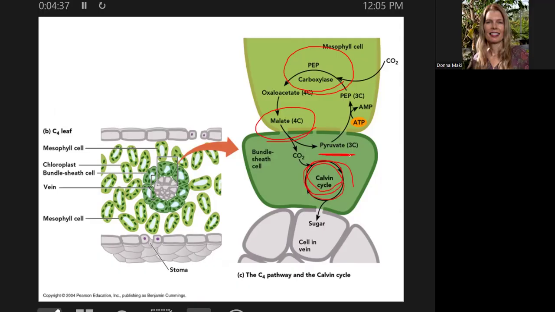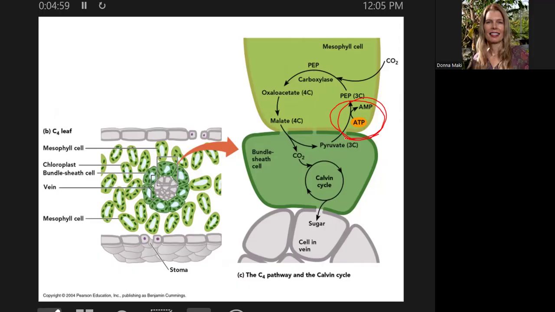And you can see the plasmodesmata and the little tunnels between the cells are doing that transporting. And then the pyruvate will go into a reaction where ATP is expended.